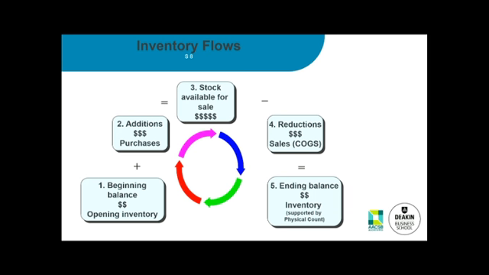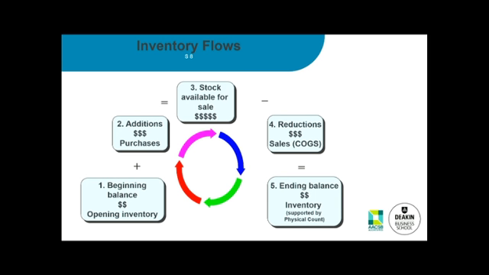Then we sell some stuff, we record cost of goods sold, we debit cost of goods sold, we credit our inventory. And then that's our closing balance. So opening inventory plus all the purchases, that would be debits to our inventory account, minus all the credits, we should be able to calculate how much inventory we should have at the end of the period.